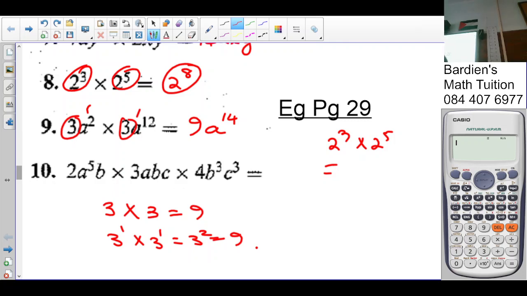Okay, take you back. What is 3 times 3? That's 9 from primary school already, right? So what is 3 multiplied by 3? It remains 9.